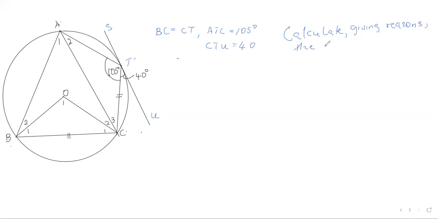the magnitude, the size of angle A1, angle O1, and angle B2.